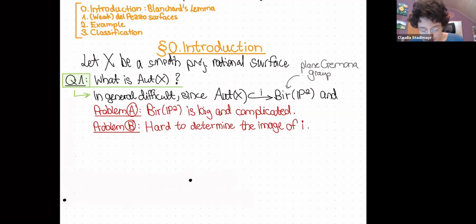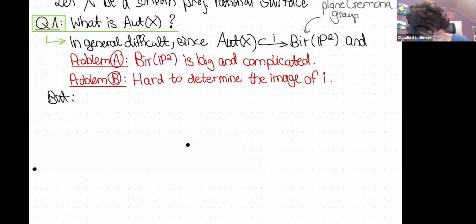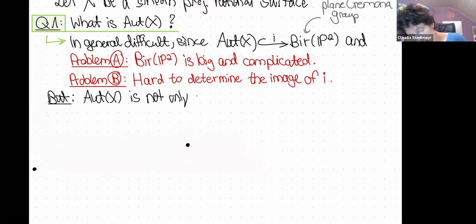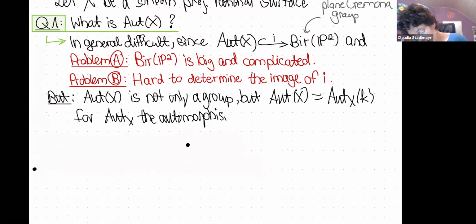For that, we observe that Aut(X) is not only a group, but it is the k-valued points of the automorphism scheme of X, which I denote by Aut_X.